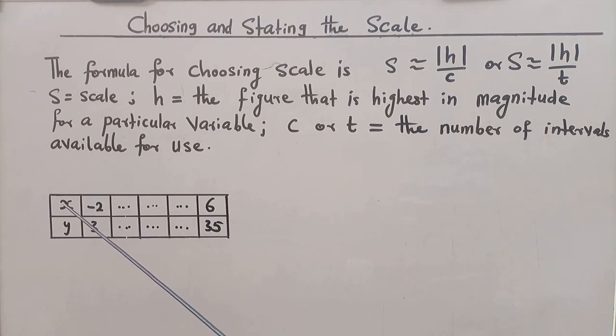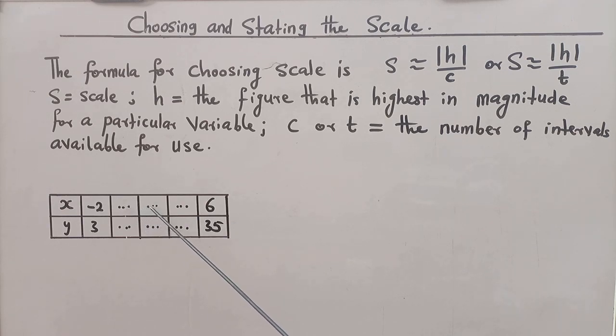For instance, here, if this table contains values that we are going to make use of to plot a graph on a graph page, all the values from -2 to 6 are supposed to be there.